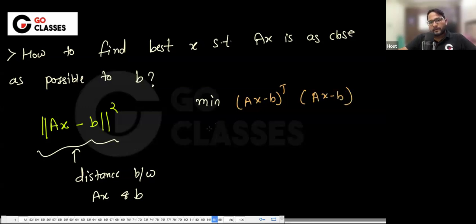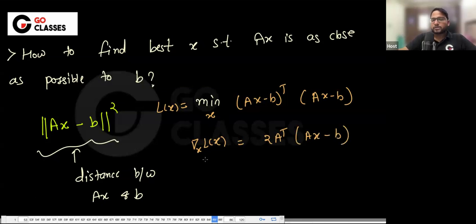And in order to find the minimum of this with respect to x, we found the gradient, which was coming out to be 2 into a transpose (ax minus b). Then we said let's just make it 0, and if you make this gradient 0, you will get something like this.